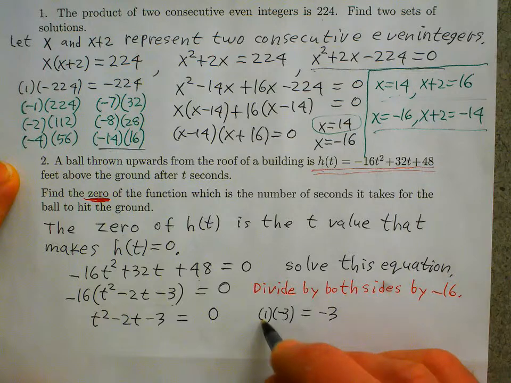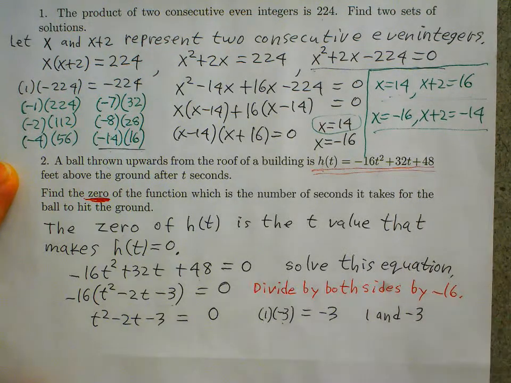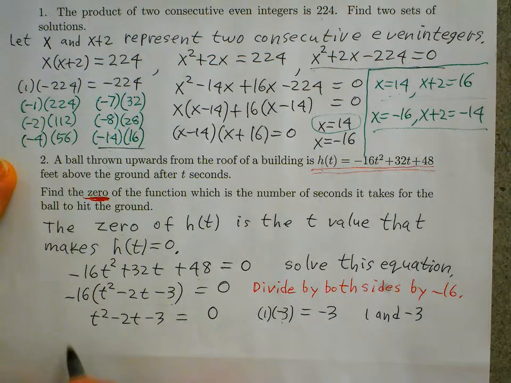So the same two integers that we have, 1 and negative 3, have a product of negative 3, and when you add them, you get negative 2. So we'll transform the trinomial into a quadrinomial. And I'm going to write t to the second minus 3t plus 1t minus 3 equals 0, and then factor by grouping.